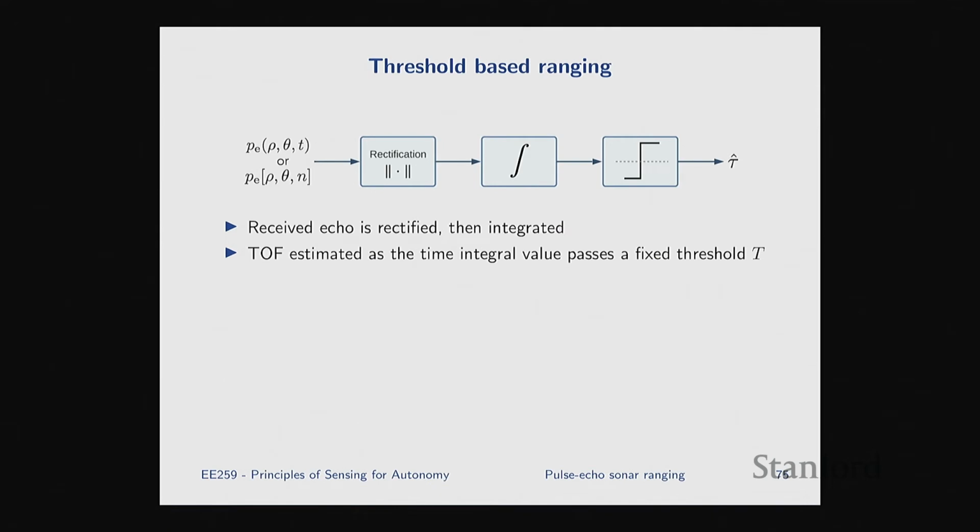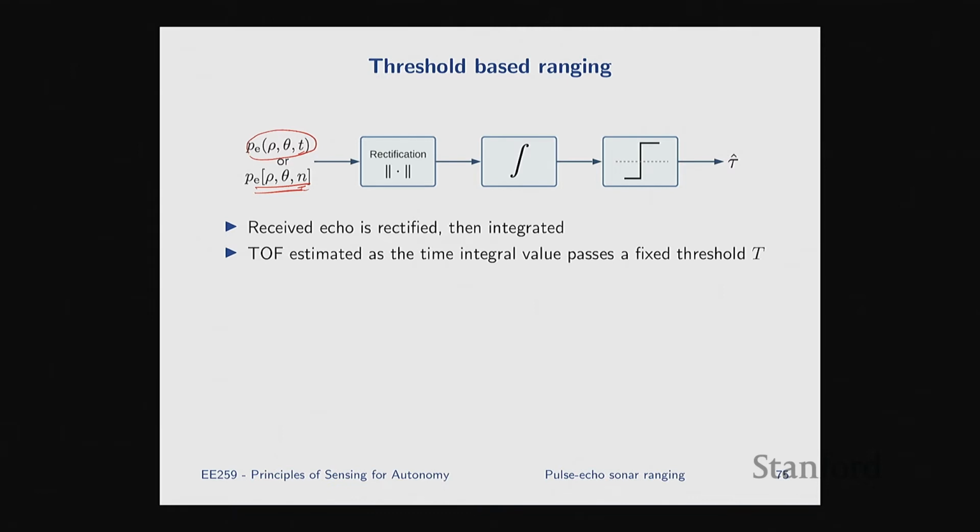Extremely, extremely simple idea. Here's your P echo, the received echo, either in continuous time or after the ADC. That's why you have the T or an N version. The N is the index after ADC sampling. Your echo is a function of the range rho and the bearing angle, or DOA, of the target.